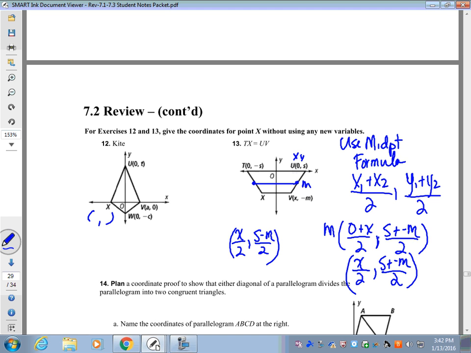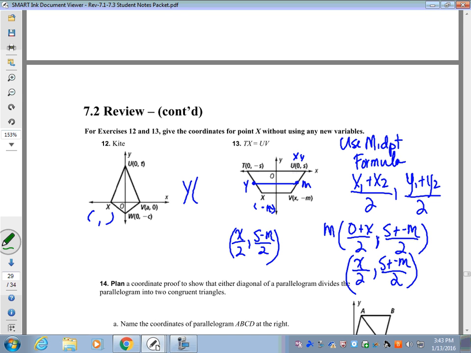Then for T and X, to find this midpoint, you're going to add your X and your Y values. So let's say I'm doing it for Y. You're going to first find the coordinate of X. I know it's the same horizontal distance, and I know it's a negative M, but I have to figure out how far I'm going over. Think about it this way: it's symmetrical.